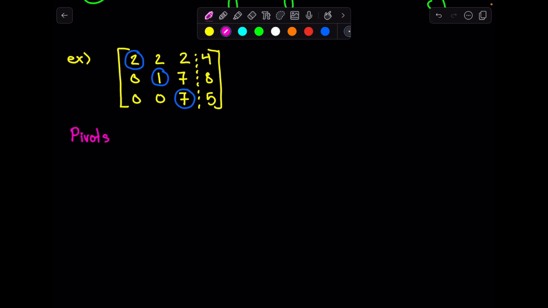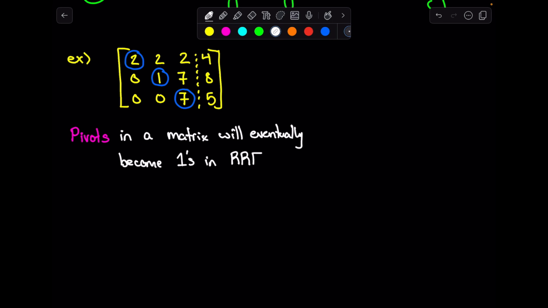Pivots in a matrix will eventually become ones in row reduced echelon form. We shorthand row reduced echelon form as RREF. And sometimes we refer to the columns that they're in as pivot columns. So these three here are all pivot columns because they each contain a pivot.